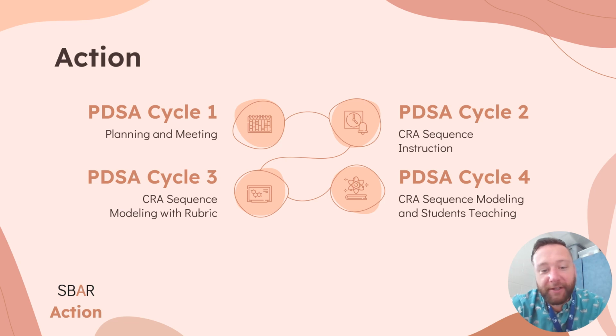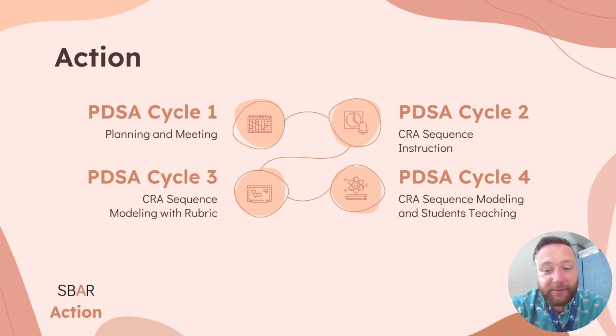PDSA cycle 3, after reflecting, I started to make a rubric, just reflecting each day on what I needed out of students and what they needed to know and the vocabulary they need to be using to effectively understand and be able to reteach the CRA method of instruction when using it for multiplication.